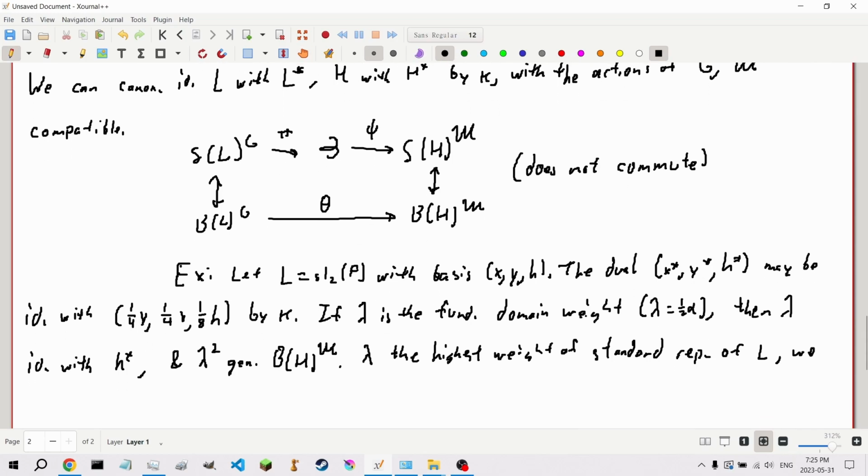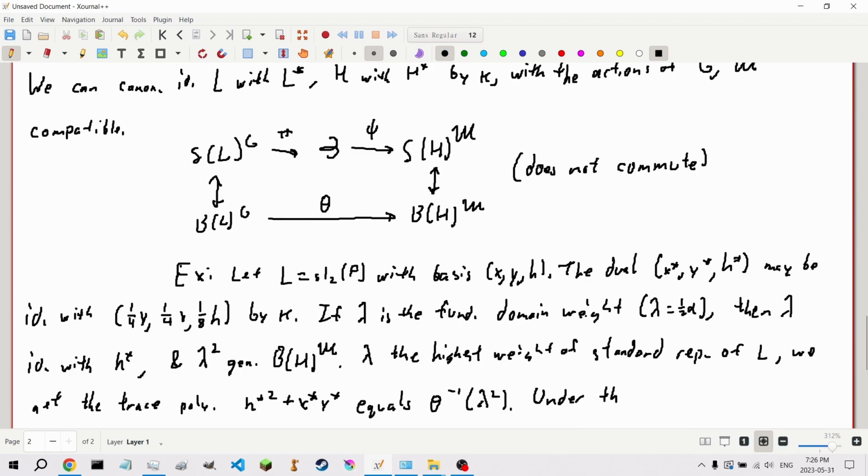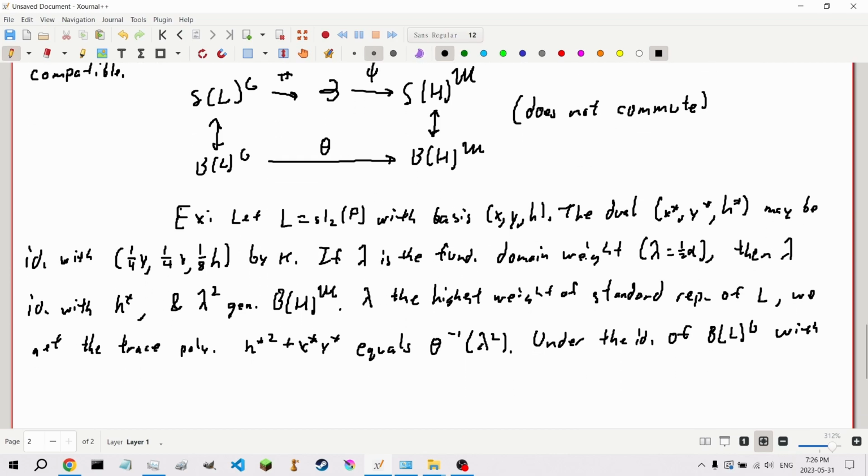From that we get the trace polynomial h star squared plus x star times y star equals theta inverse of our lambda squared under the identification of B(L)^G with S(L)^G.